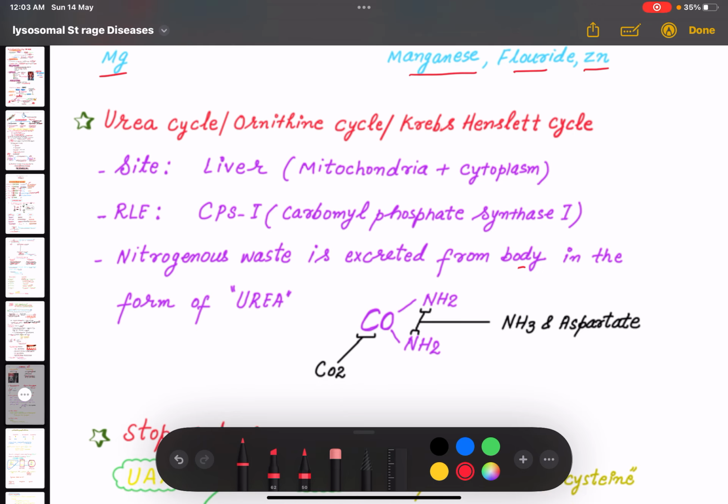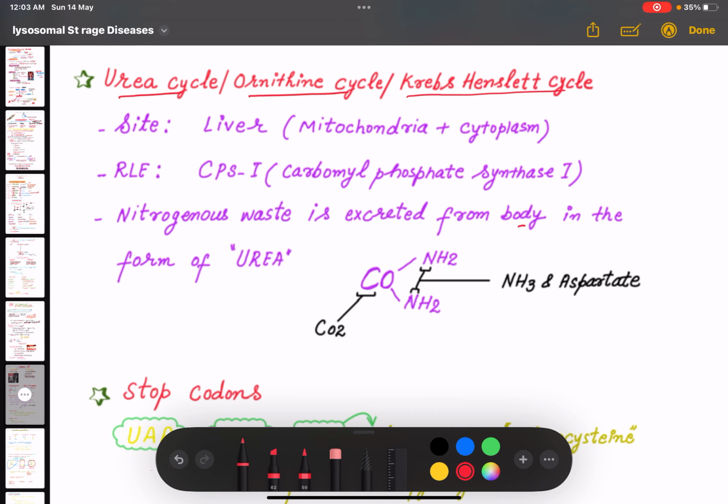Now let's see the urea cycle, which is also known as the ornithine cycle or Krebs-Henseleit cycle. The site of the urea cycle is the liver, mainly mitochondria and cytoplasm. It means, I have told you, this pathway is going to start from the mitochondria itself. Okay, and what is the rate limiting enzyme?